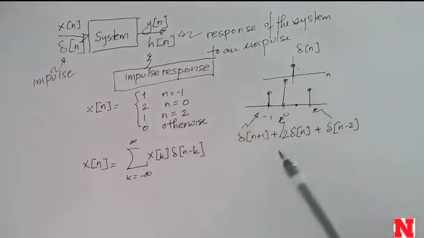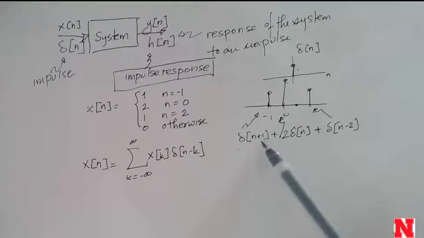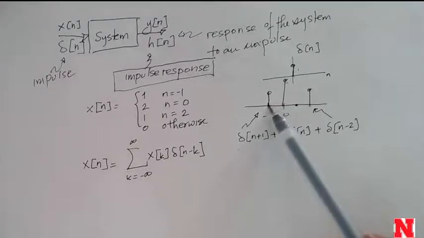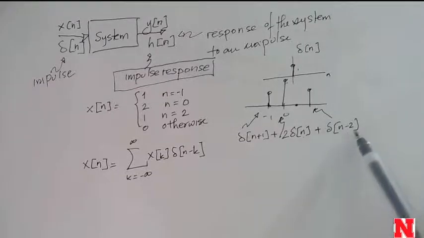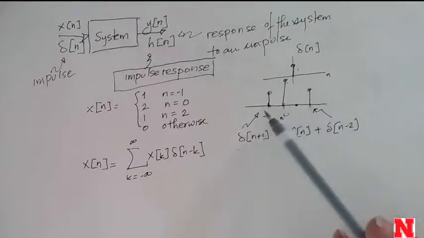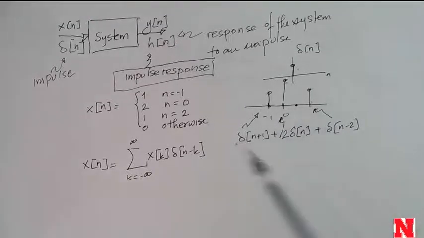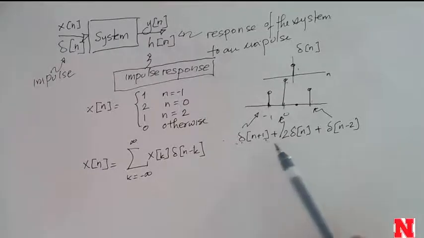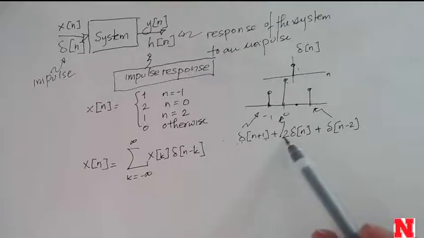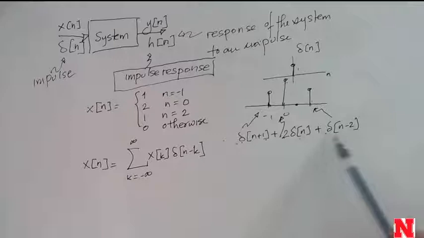Here x of k is 0 except when k is equal to minus 1, 0, and 2. So x of k is 0 except for these 3 locations. And so I could have written this as x evaluated at minus 1 times delta of n plus 1, plus x evaluated at 0 times delta of n, plus x evaluated at 2 times delta of n minus 2. And that's what I have over here.